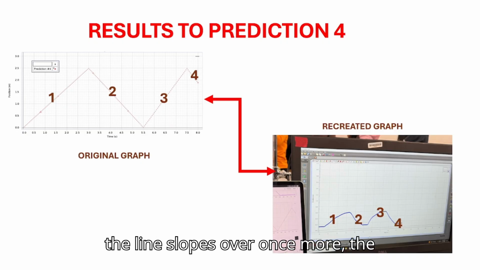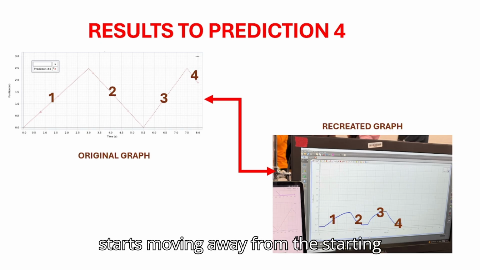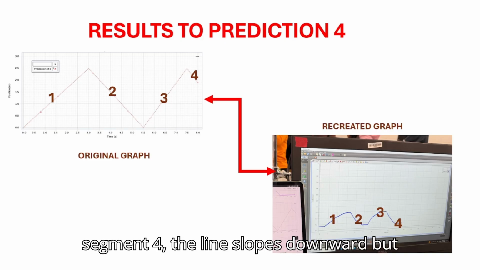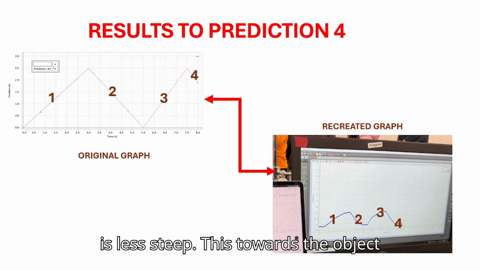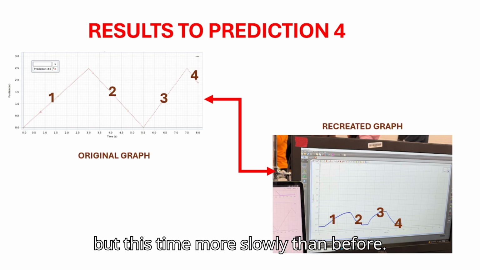In segment 3, the line slopes upward once more. The object changes direction again and starts moving away from the starting point, still moving quickly. Finally, in segment 4, the line slopes downward but is less steep. This tells us the object is moving back toward the start again, but this time more slowly than before.